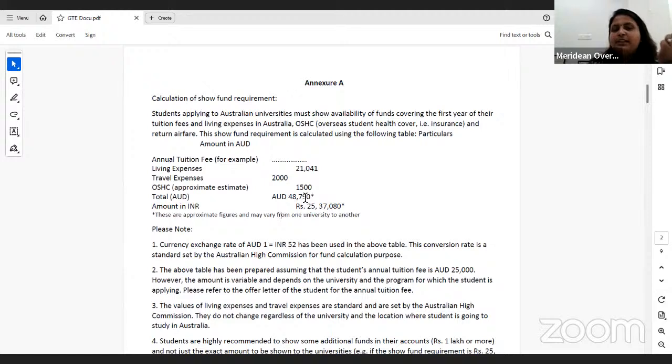You need to multiply it by 52, 53 or 54, the rate of the AUD as on date, and then you get that amount in INR. When we are making our financial matrix, we will be doing the calculation in both currencies, AUD and INR.